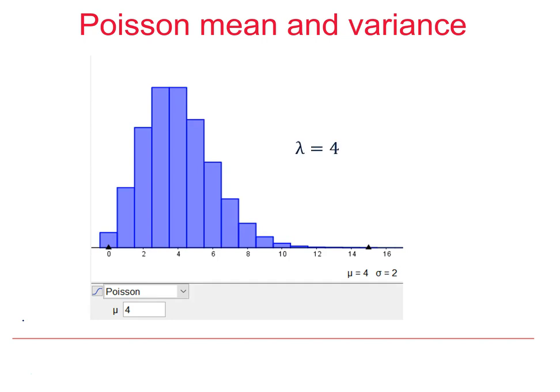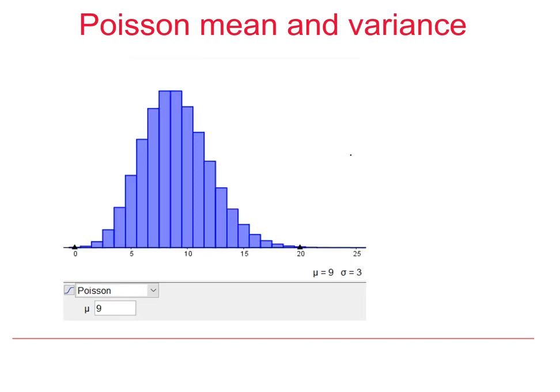This is lambda equals 4, showing the shape of the distribution and the output for the mean and the standard deviation. As we look at a few of these, hopefully you'll spot the relationship between the mean and the variance. Remember, the variance is just the standard deviation squared, and compare it with the value for lambda.